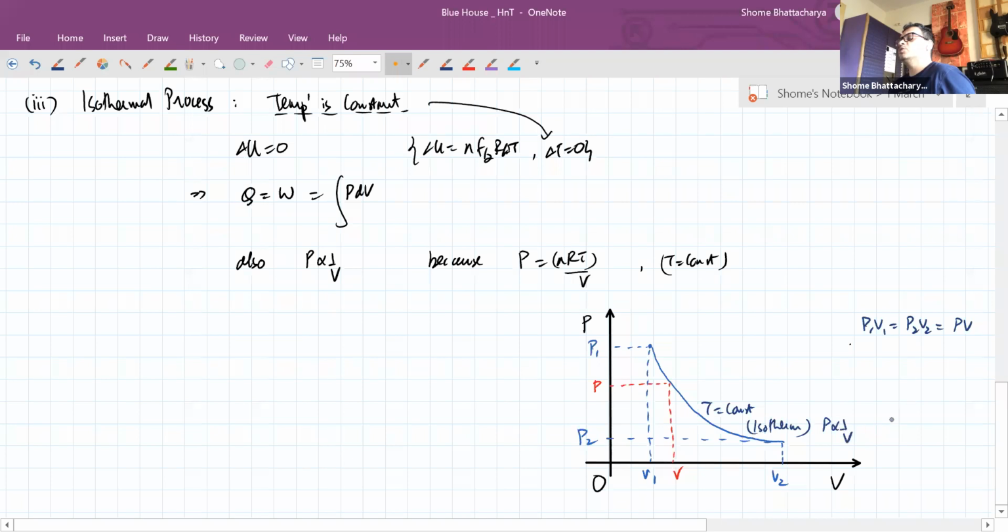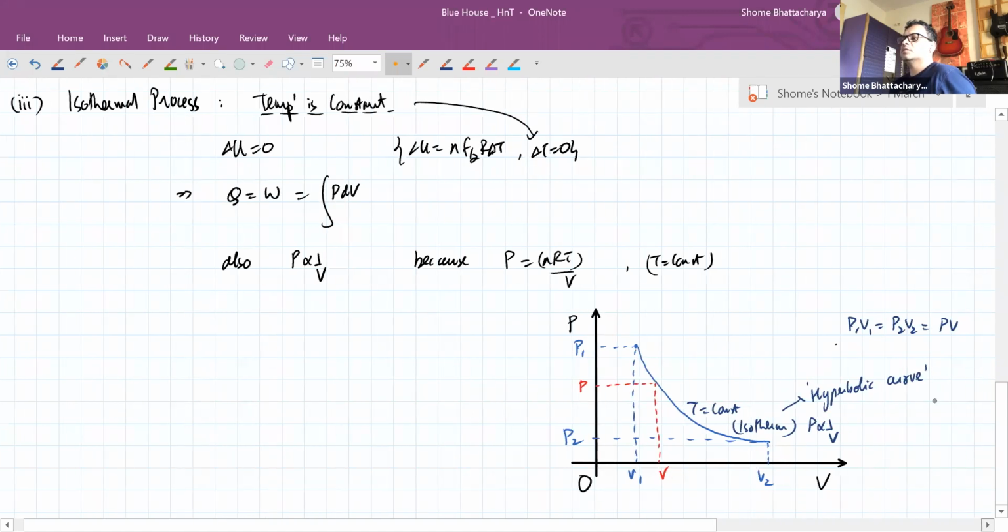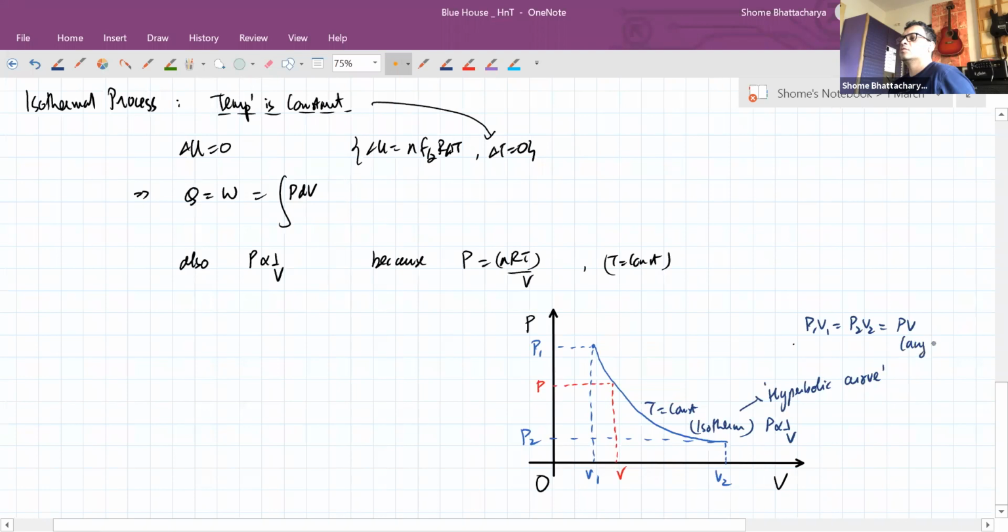Pressure is inversely proportional to volume. So it's a hyperbolic curve. An isotherm is an example of a hyperbolic curve on the PV space. So for any point on the isotherm, this relation holds true. Okay. So that's the first thing.